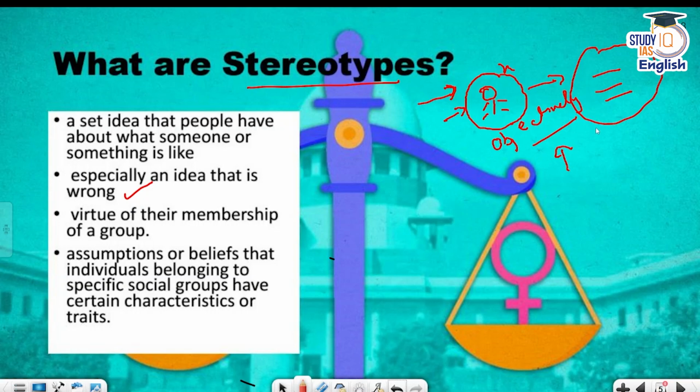In any particular judgment, even if the judges are legally correct, they have to ensure that they are not using certain words which are perpetuating gender stereotypes or any other sort of stereotypes. So, it's an assumption or belief that individuals belonging to specific social groups have certain characteristics or traits. This person may be of an intelligent academic background, but because they belong to a specific society which says otherwise, we are just stereotyping them.